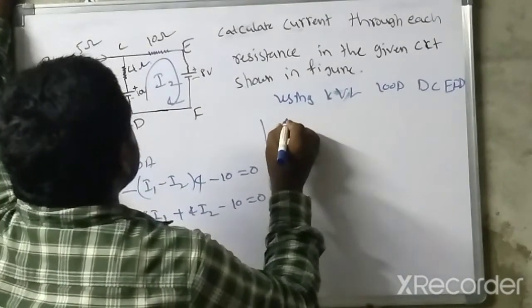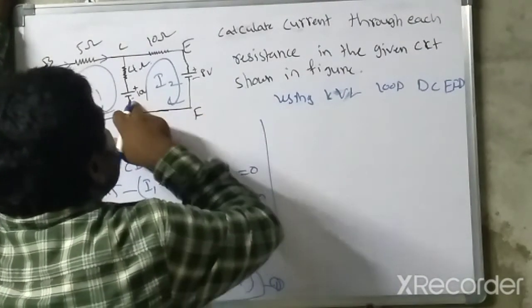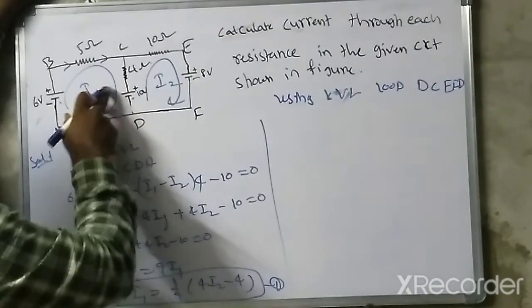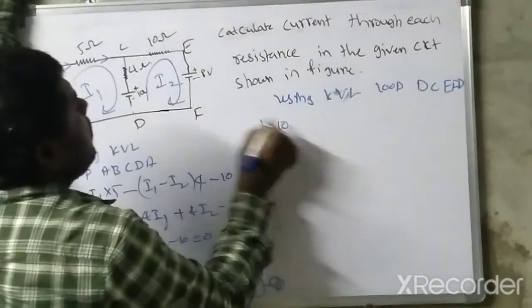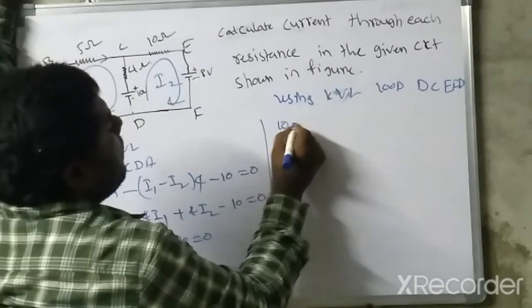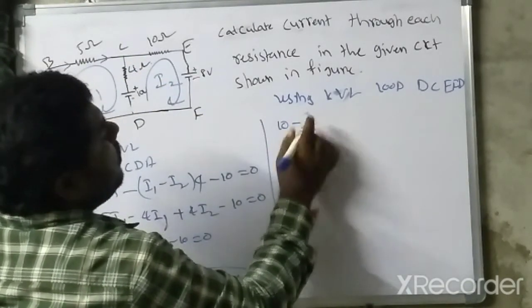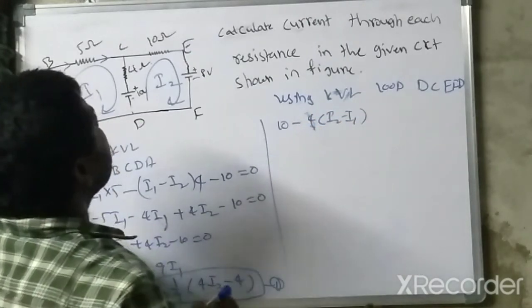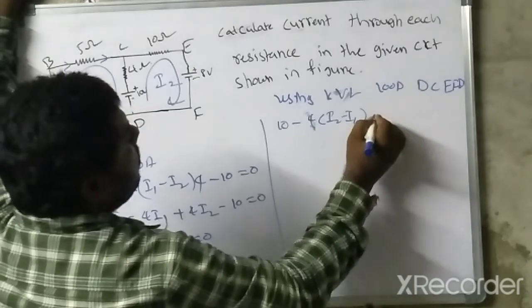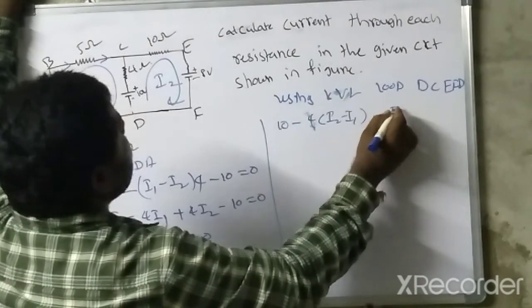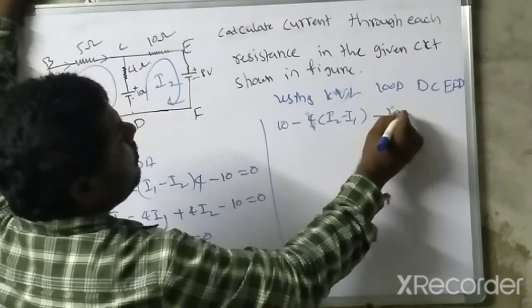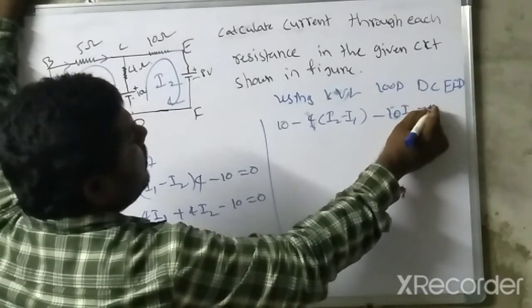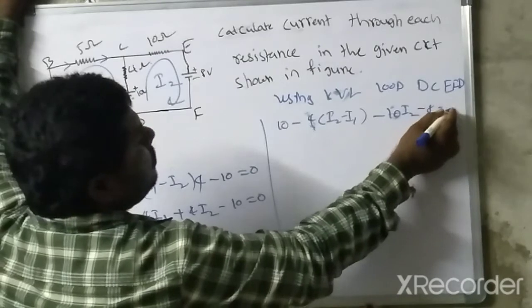So here CD is nothing but positive 10, and here minus 4 into (I2 minus I1), minus 10 into (I2 minus I2), is equal to 0.